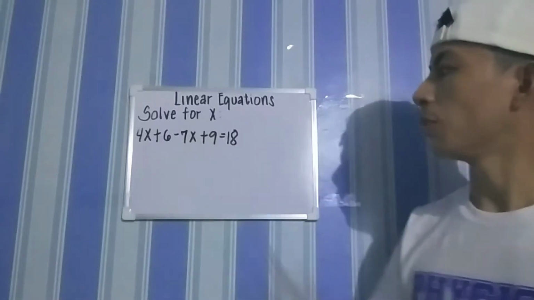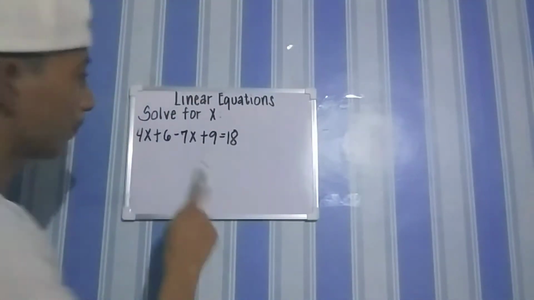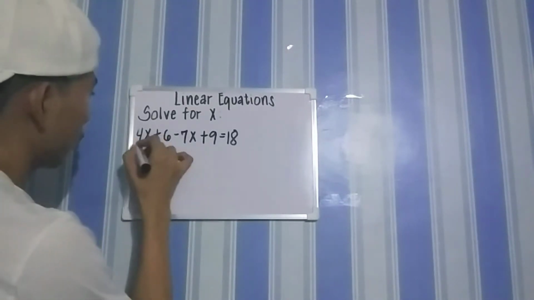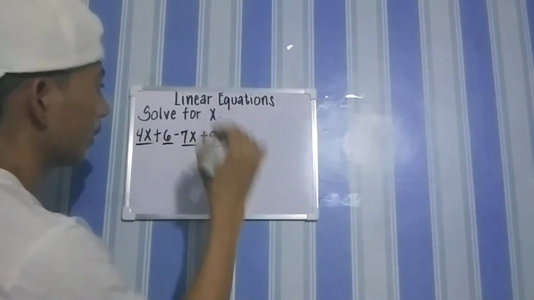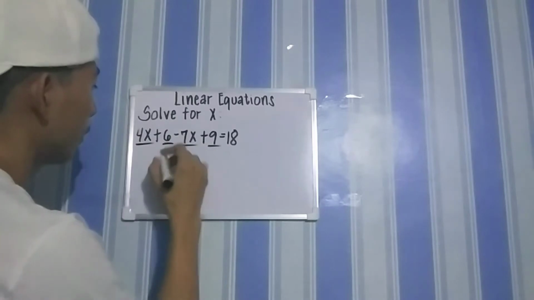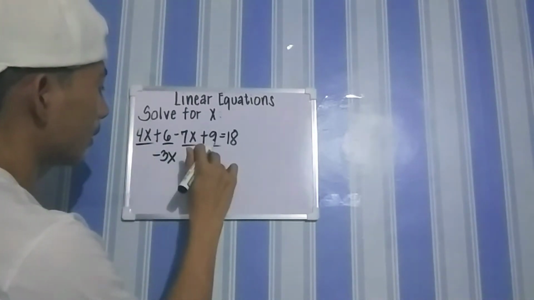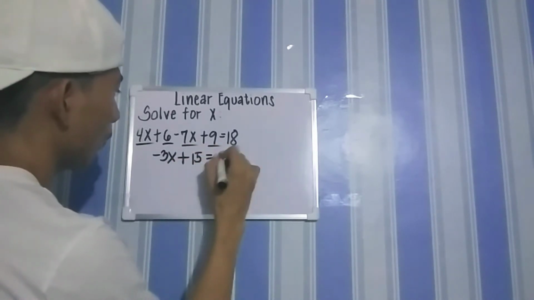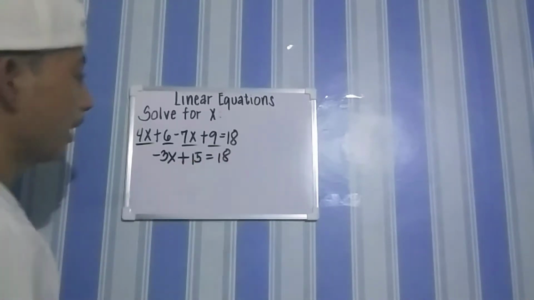And we're looking again for the value of our variable x. So looking at the problem, there are terms that we can combine, such as 4x and 7x. Also this 6 and 9. So 4x minus 7x is equal to negative 3x. 6 plus 9 is equal to 15. So our equation will now become negative 3x plus 15 is equal to 18.